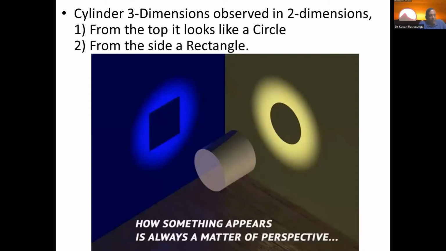To illustrate that, I think a very nice illustration is to think of what a cylinder would look like if you project it from one side. You see a circle. If you project it from another side, you see a square or a rectangle. So is it a circle or is it a rectangle? It looks very different, but it is not. It is a cylinder. So this is why I think when you look at photons with one set of equipment, it looks like a particle.